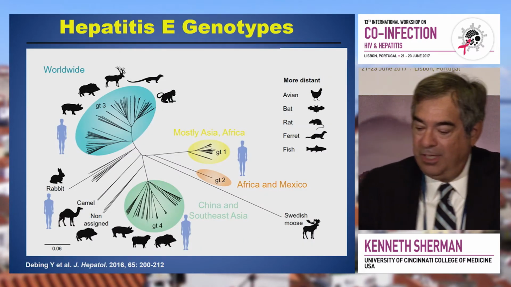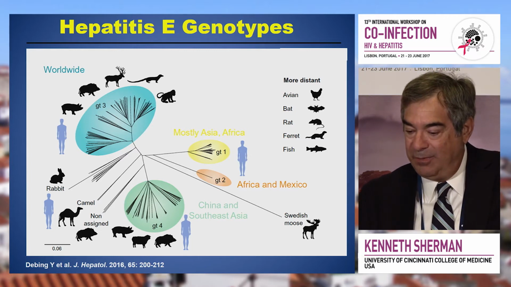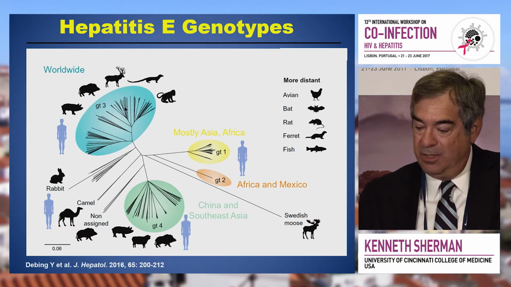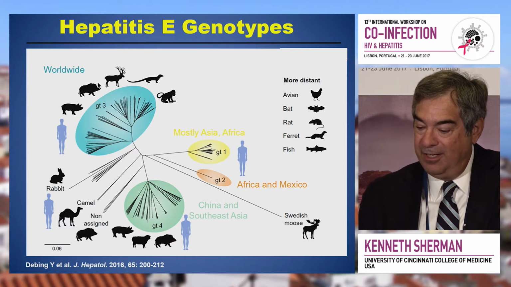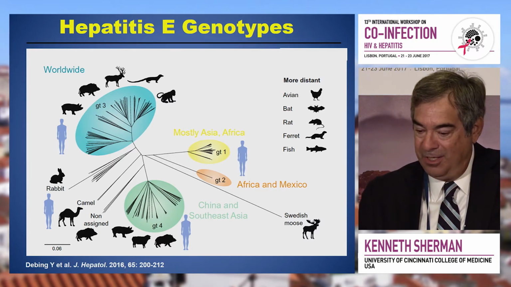This shows you the spectrum of disease in both humans and animals. Genotype 3 is the zoonotic form of the disease that's present in many animal populations, but particularly swine and deer, and those are probably in the United States the 2 main sources for infection.